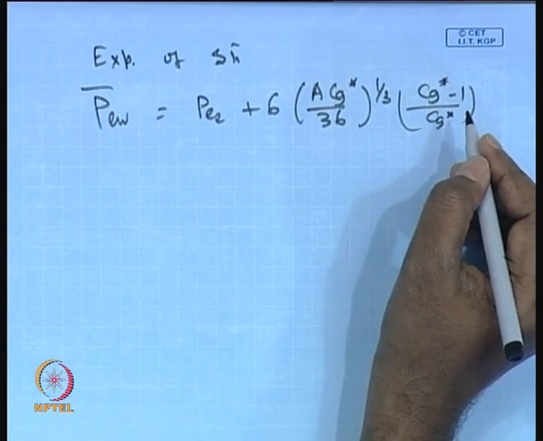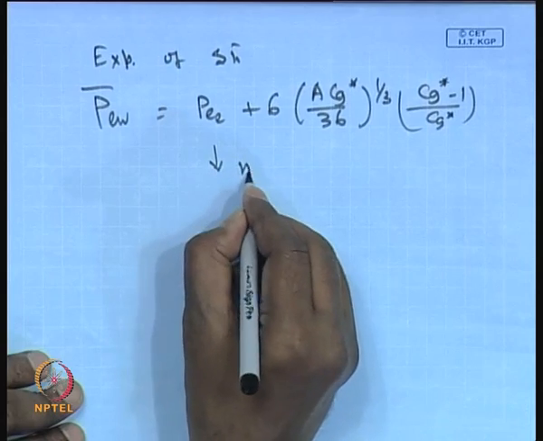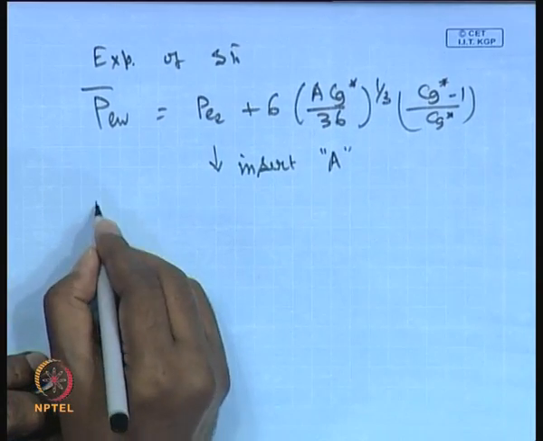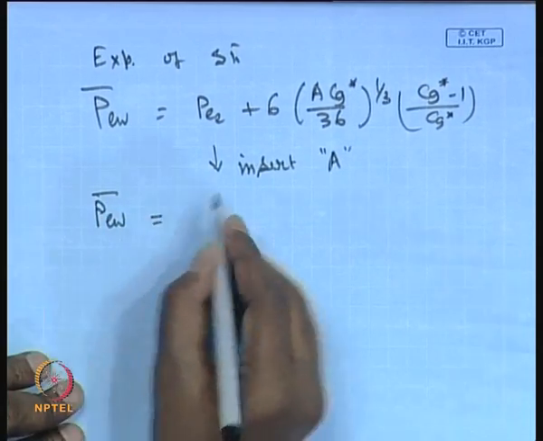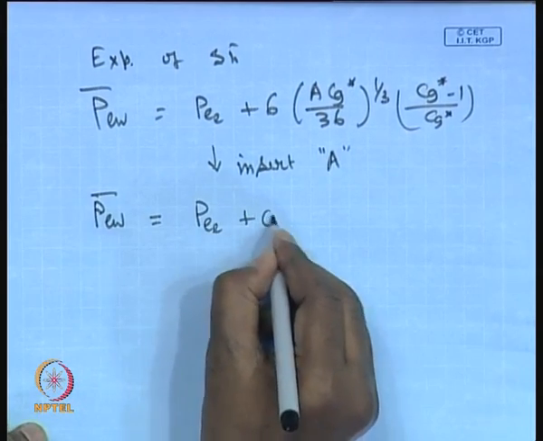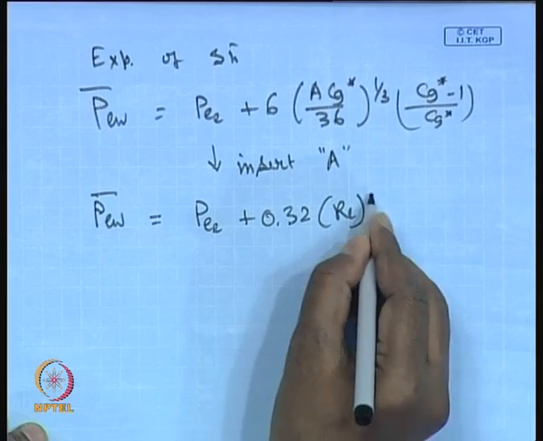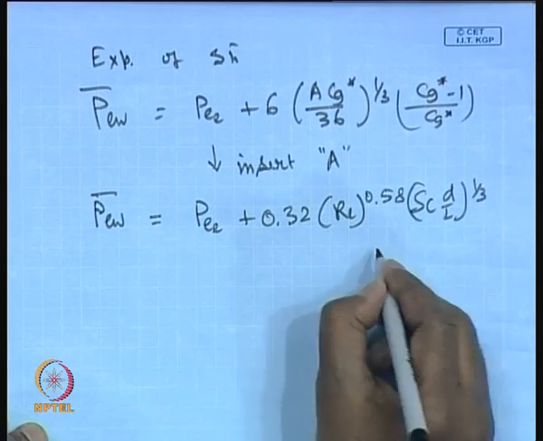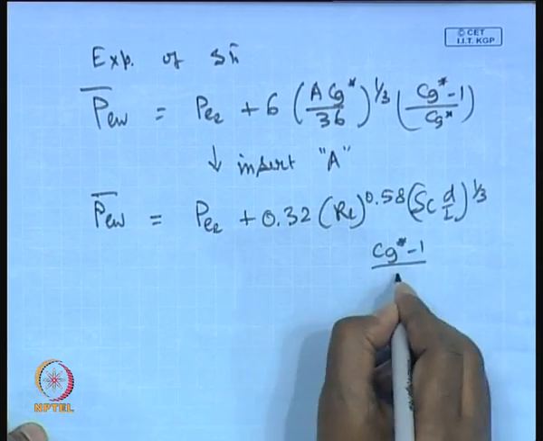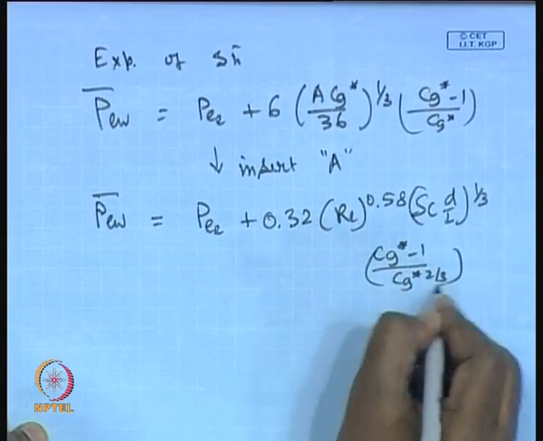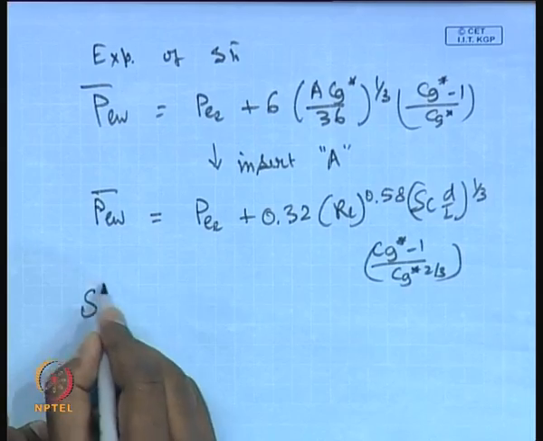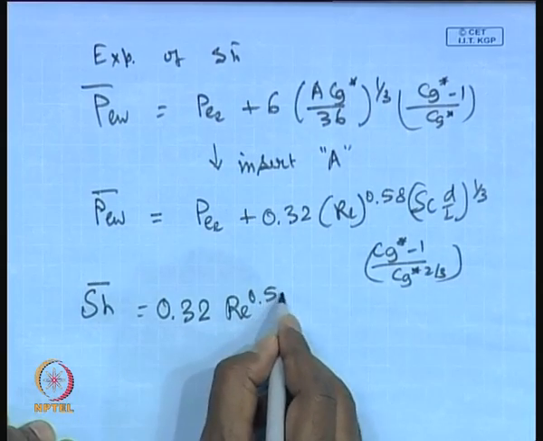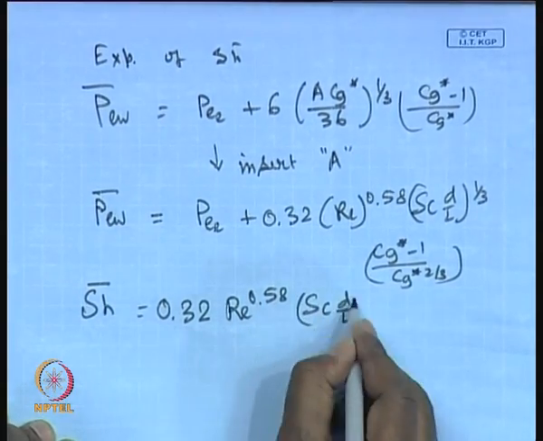Now, we insert the expression of A. If you really do that, finally you will be getting, I just omitted a single step, this becomes PE plus 0.32 Reynolds raised to the power 0.58 Schmidt (d by L) raised to the power 1 upon 3 times (Cg star minus 1) divided by Cg star raised to the power 2 by 3. Okay. And the length average Sherwood number turns out to be 0.32 Reynolds to the power 0.58 Schmidt (d by L) raised to the power 1 upon 3.